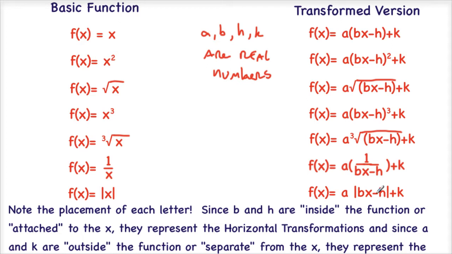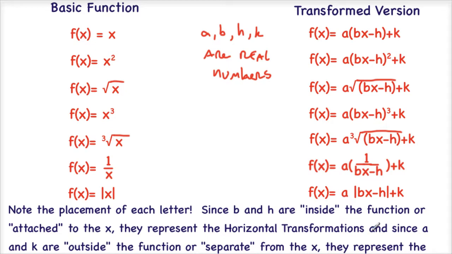So they're inside there. So that means, thinking about our two different types of changes, they can either be horizontal or vertical. Since this is attached to the x, we're thinking about the x-axis, so they're going to be changing our function horizontally. And then the K and A are outside of the function, so they're separate from the x.